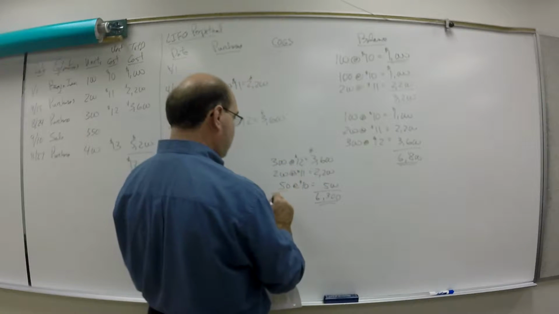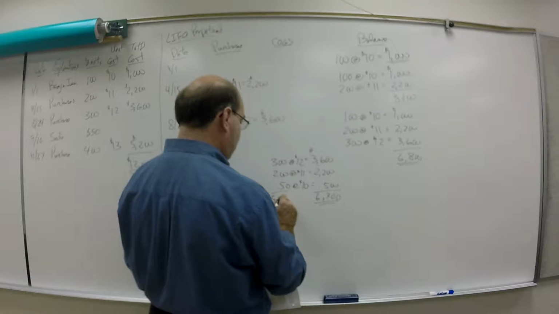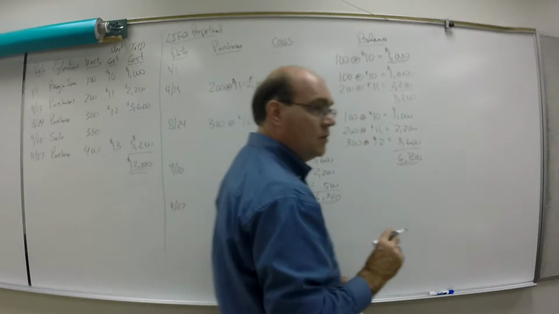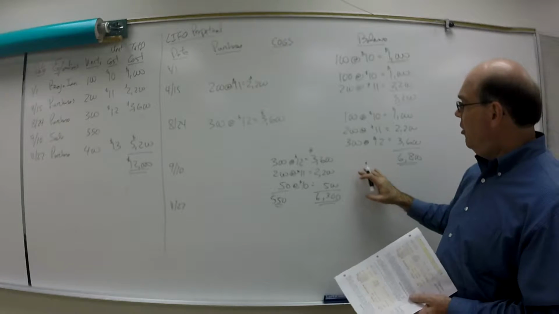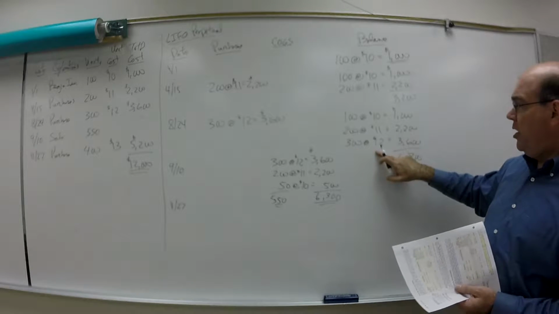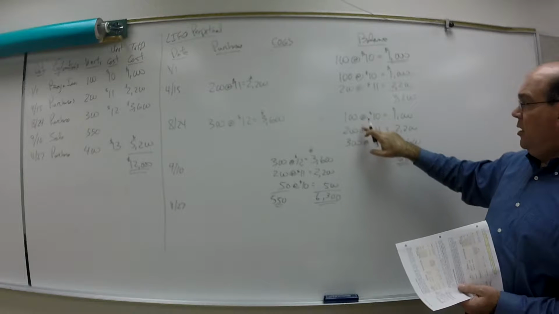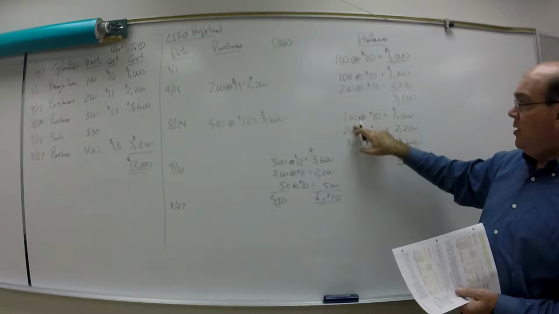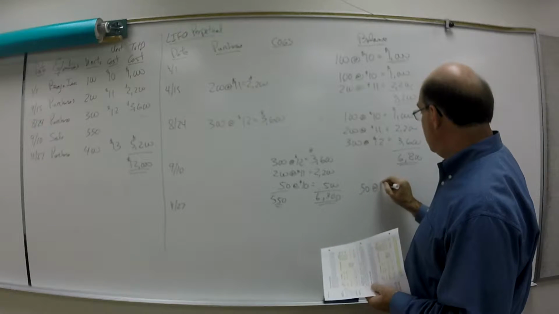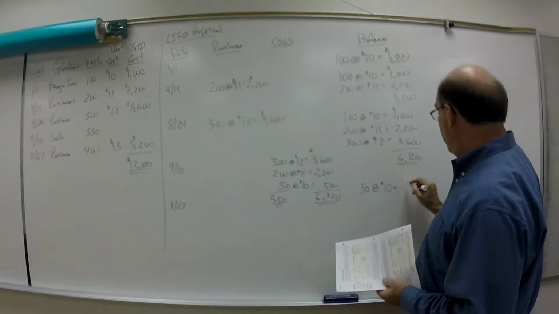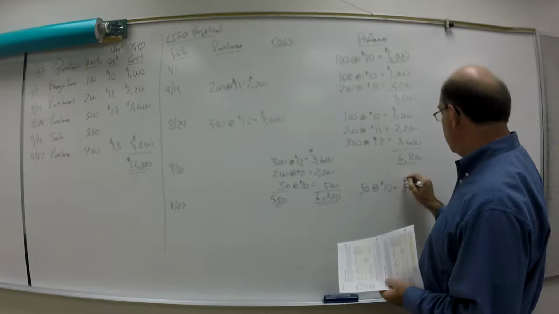And that's our 550 units that we sold. So that's our cost of goods sold. Now we come over here though, and what's left? Well, we sold all the 300, we sold all the 200, we sold 50 of the 100, so we only have 50 of the 100 left at $10. So our ending inventory is $500.